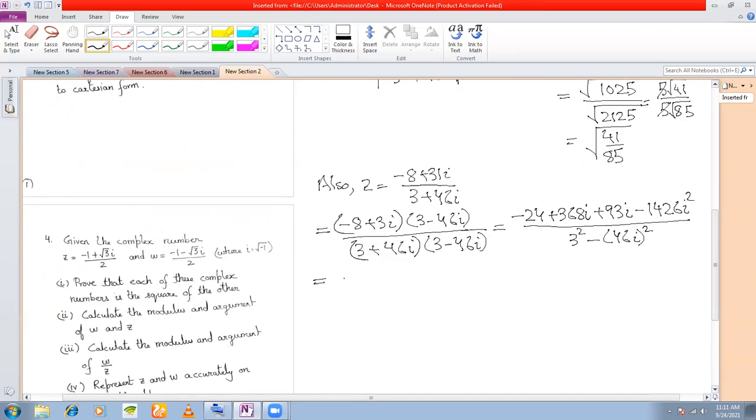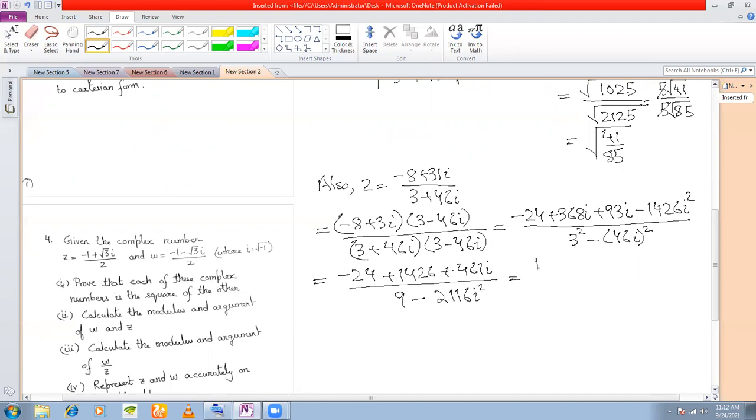Now in the numerator, if you put i square is equal to -1, you'll get 1402 plus 461i, and in the denominator you're going to get 9 minus 2116 i square.